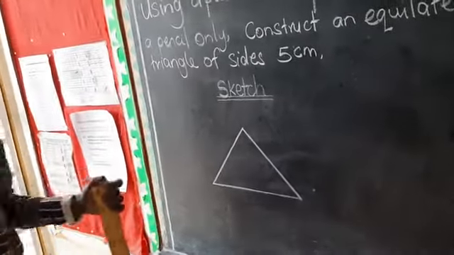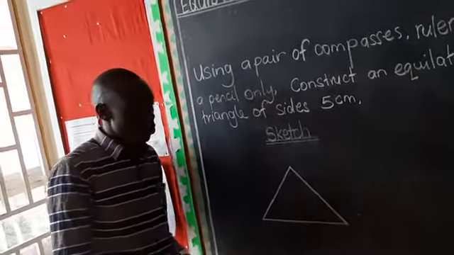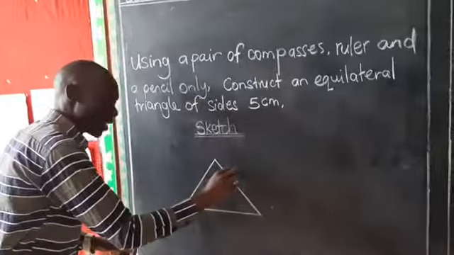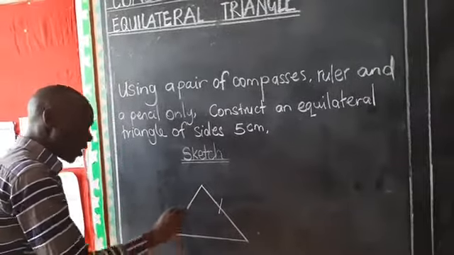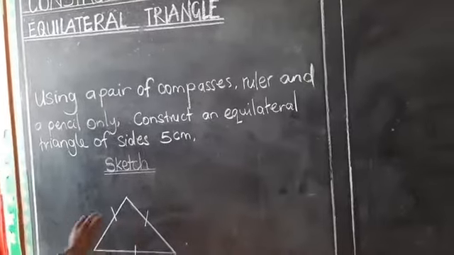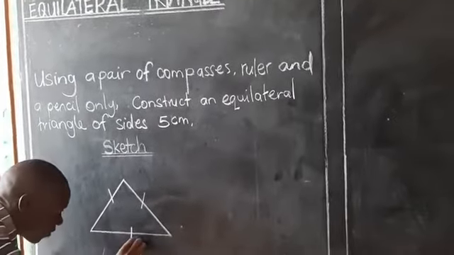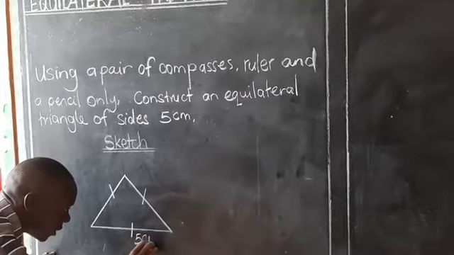We are saying this is a sketch of an equilateral triangle. Then you need to indicate that this side will be equal to this side and also this side. So all the three sides will be equal, and the measurement is going to be 5 centimeters.